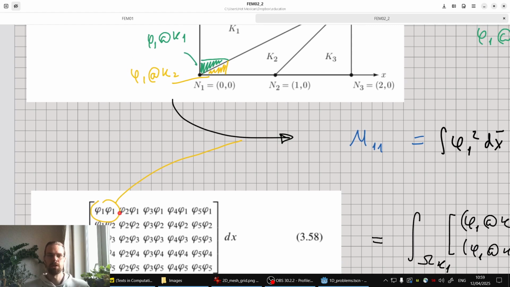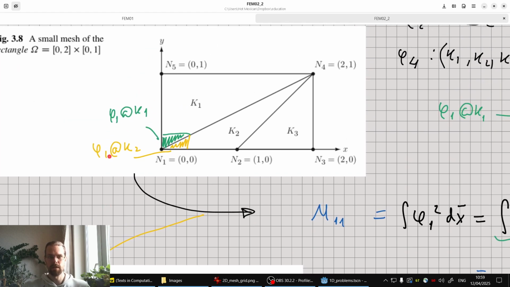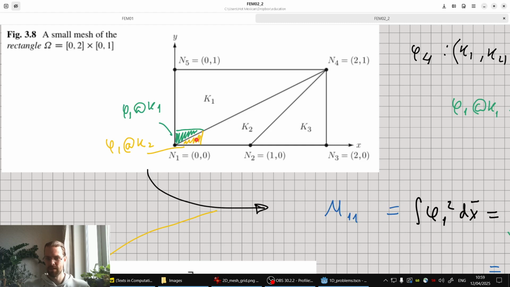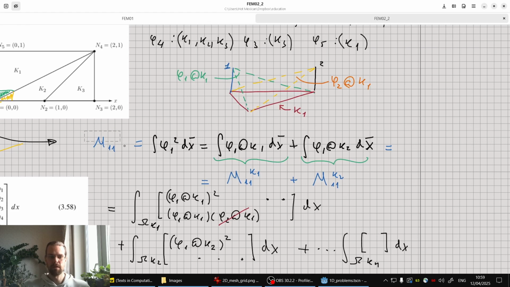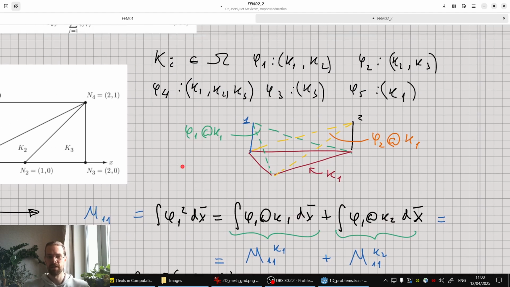But then we should again remember that P1 is piecewise linear, right? And so we have to integrate over a part that is, for example, here on K2 plus the integral over K1. So yeah, a full entry will consist of as many integrals as there are triangles covered by this hat function.